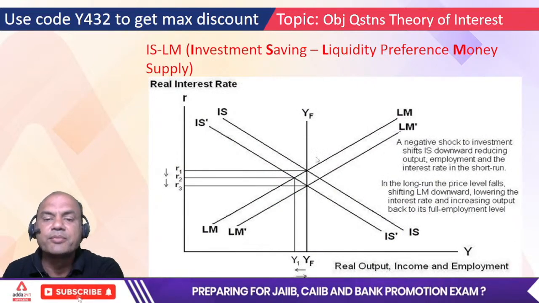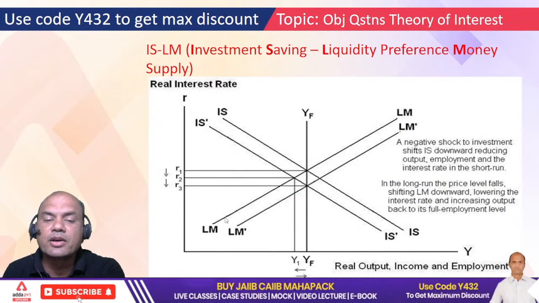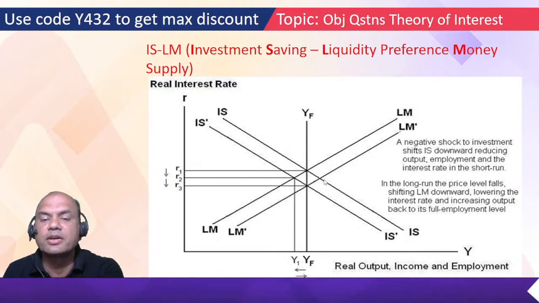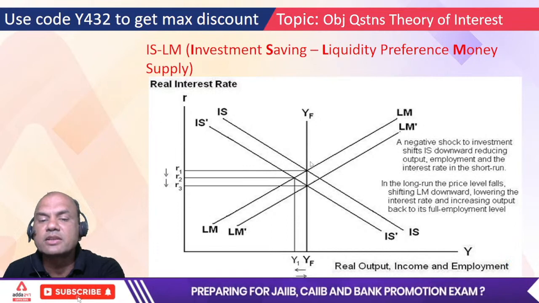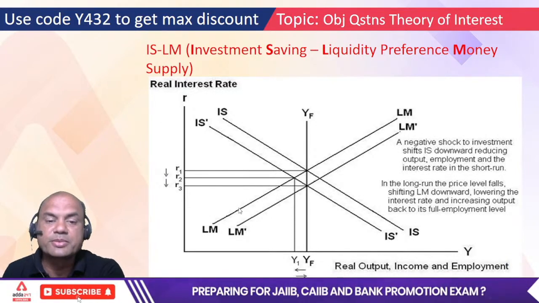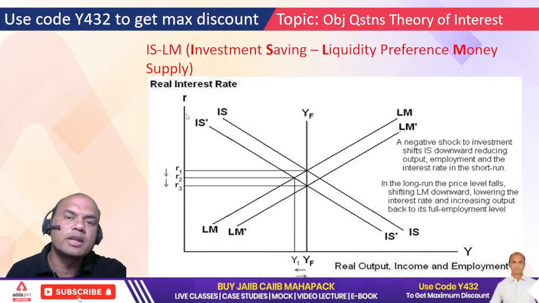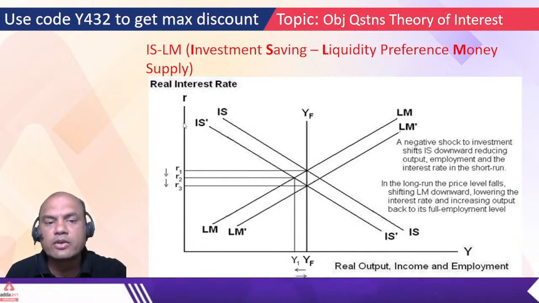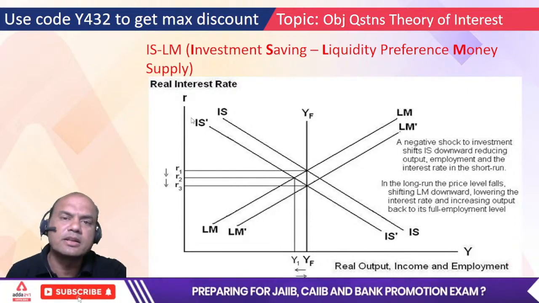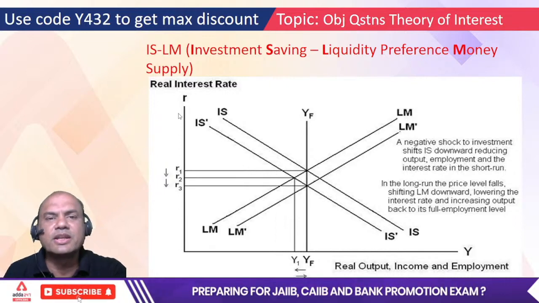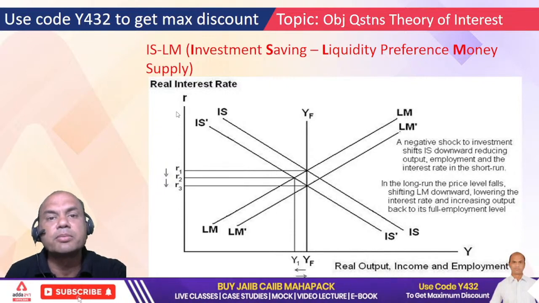Understand the logic here. As the rate of interest falls down, what will happen to this LM curve? People will tend to increase their businesses, to expand their businesses. Suppose, take your example. If tomorrow the rate of interest on home loans reduces drastically, presently it's at 7-8%, tomorrow it comes down to 3%.